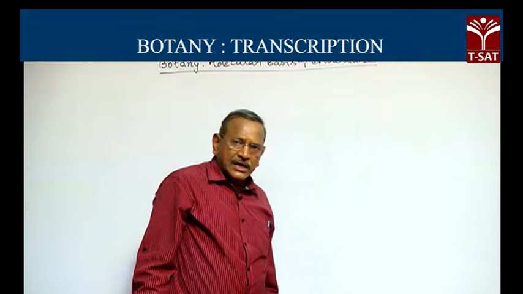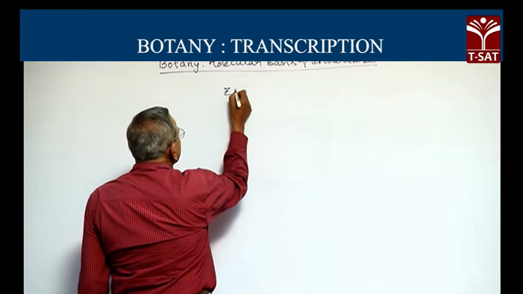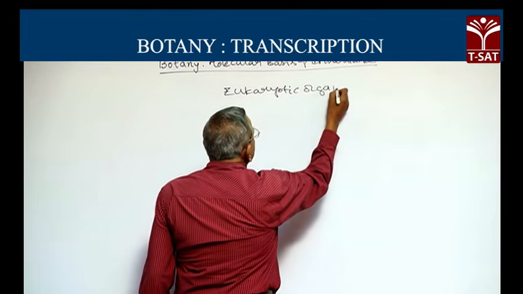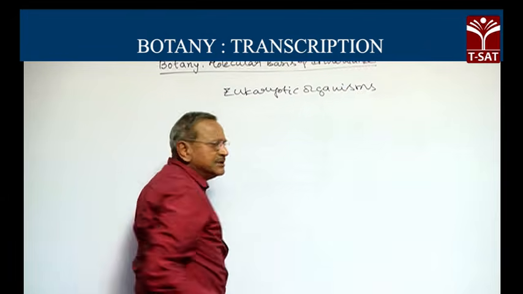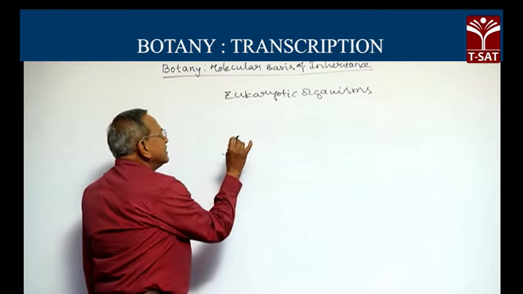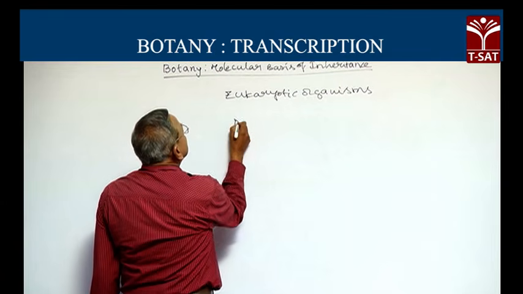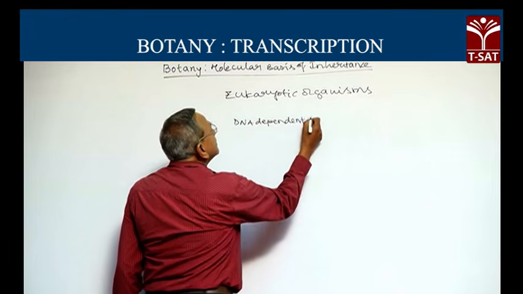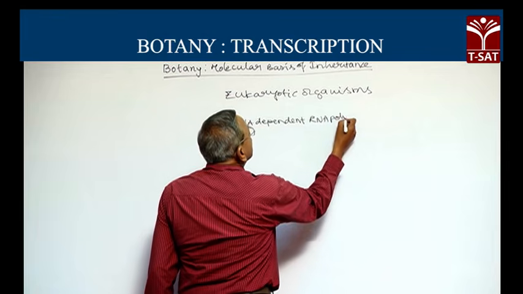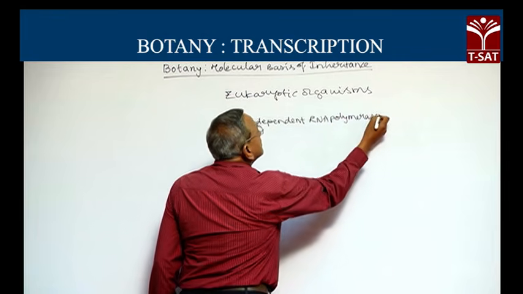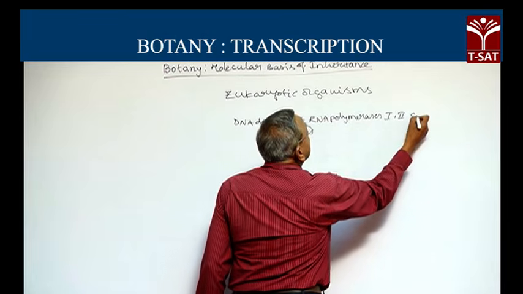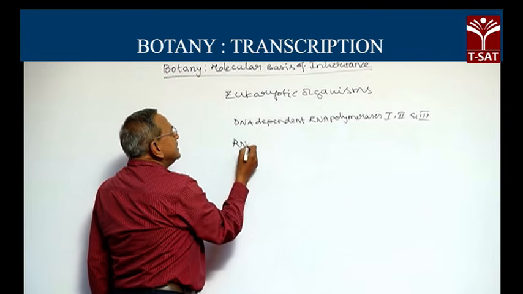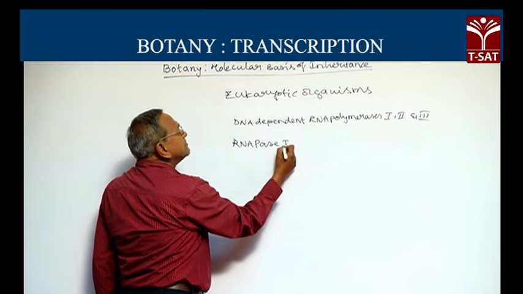In eukaryotic organisms, there is a clear-cut division of labor. We have 3 RNA polymerases, DNA dependent RNA polymerases. We have 1, 2 and 3. And what is the function of DNA dependent RNA polymerase 1?